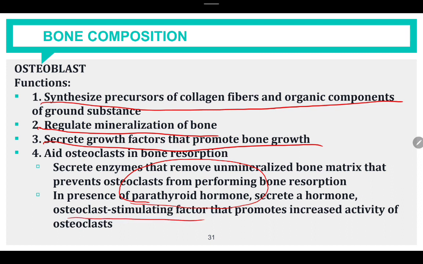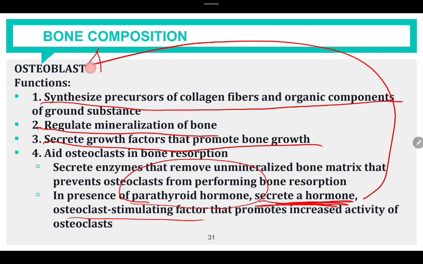So, ang ginagawa ng osteoclast stimulating factor, it will make yung trabaho ng osteoclast natin faster. Okay? So, sino ang mag-secrete ng hormone na yon? Ang mag-secrete ng osteoclast stimulating factor is your osteoblast, para mas mabilis yung pag-breakdown niya ng bone.